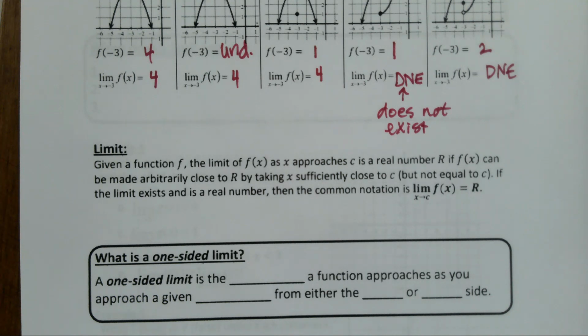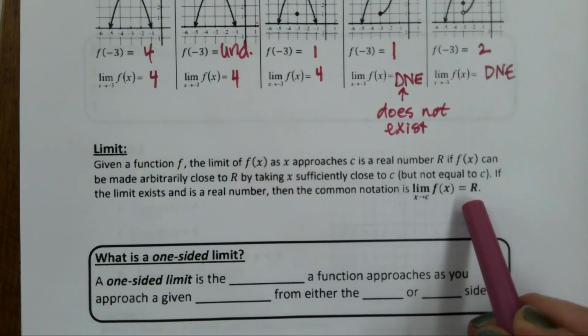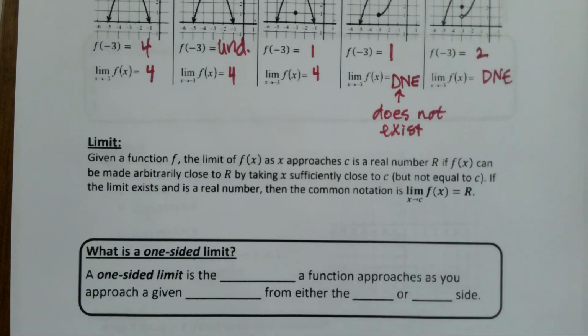Again, it doesn't have to match the exact value, and if I get close and I can't meet on both sides, then I say my limit does not exist.